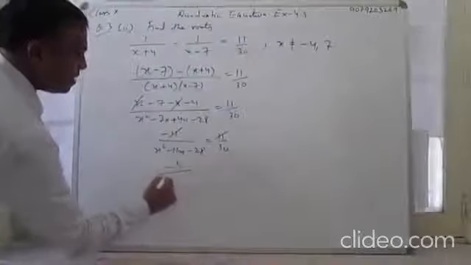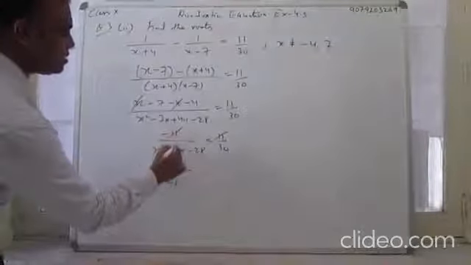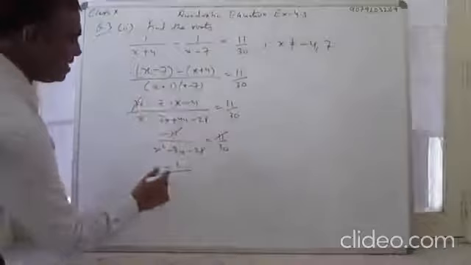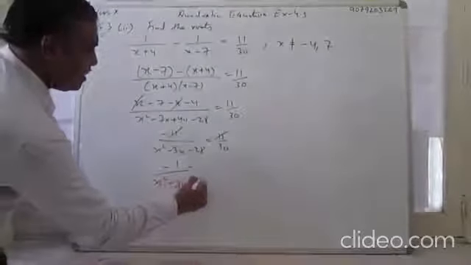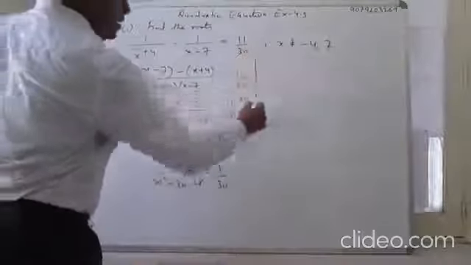Minus 1 upon x square minus 3x minus 28 is equal to 1 upon 30. Now cross multiply it.